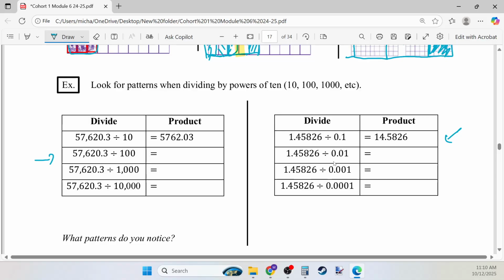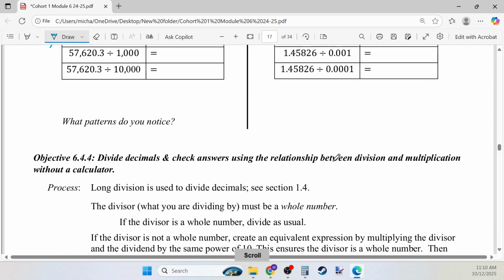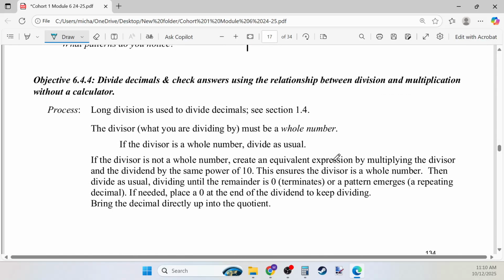Multiplying by tens or dividing by tenths move the decimal so the number gets bigger, and dividing by hundreds or multiplying by hundredths both make the number smaller. So those are patterns to note. I'll let you fill out the charts.